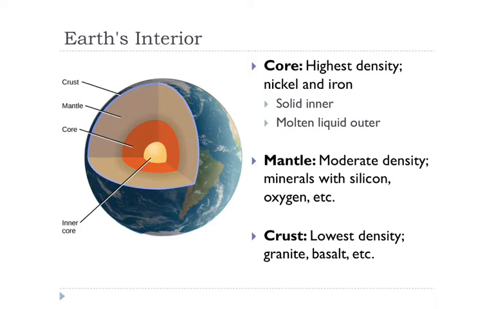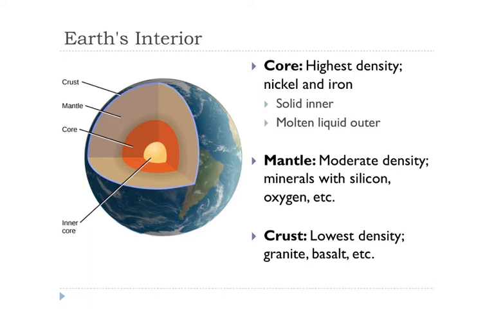So again, this is going to be a quick overview. You could take a full course in geology, understanding the interior of the Earth and how it works. So this is a very simplified model and a very simplified explanation of some of the key features. Earth's interior consists mainly of a core, mantle, and crust. The core is more dense, and the more dense things are, the more they will contract and go towards the center of an object.